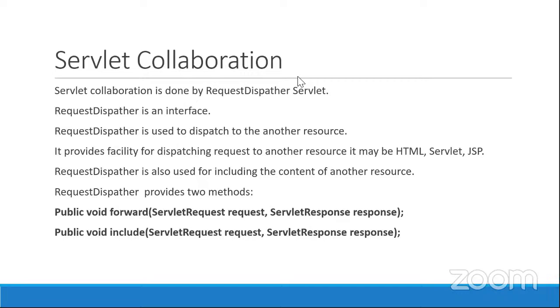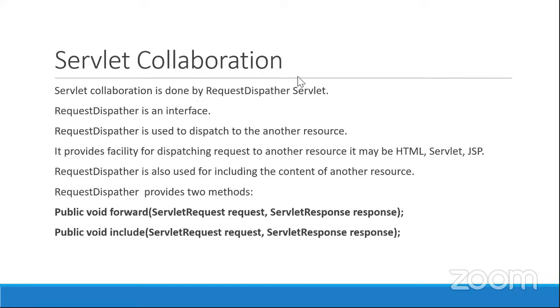Okay, so today's topic is about servlet collaboration, or we can also call it servlet intercommunication. We are going to learn how a request can be passed from one servlet to another servlet or any other resources.